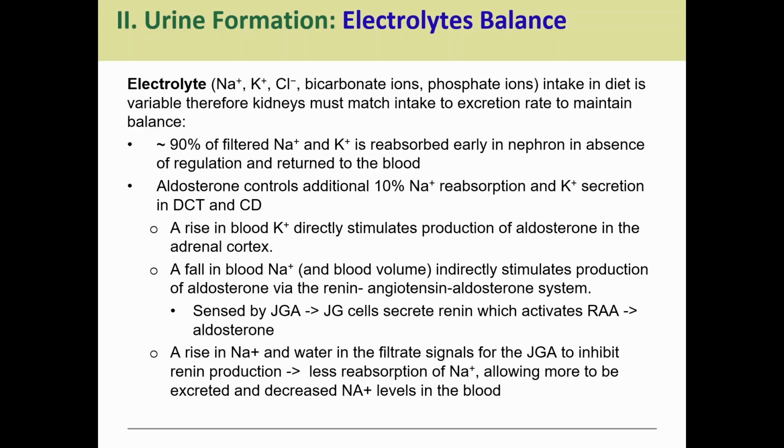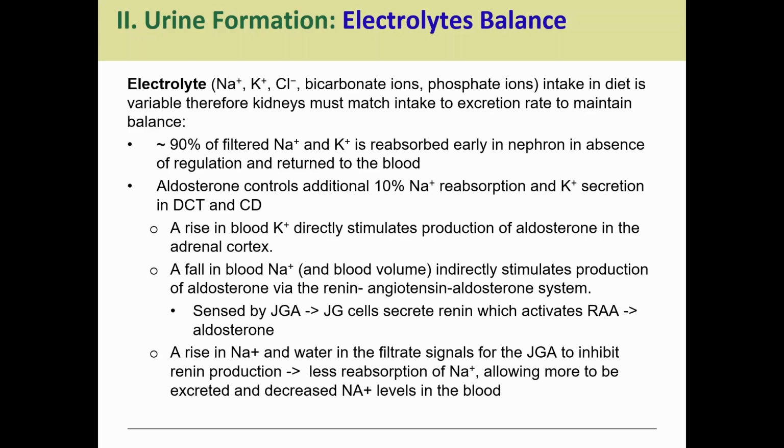If sodium falls and blood volume falls, that's where aldosterone kicks in via the renin-angiotensin-aldosterone system. Because those juxtaglomerular cells will pick up on that loss of blood volume, they'll secrete the renin, which then leads to angiotensin 1, angiotensin 2, aldosterone.